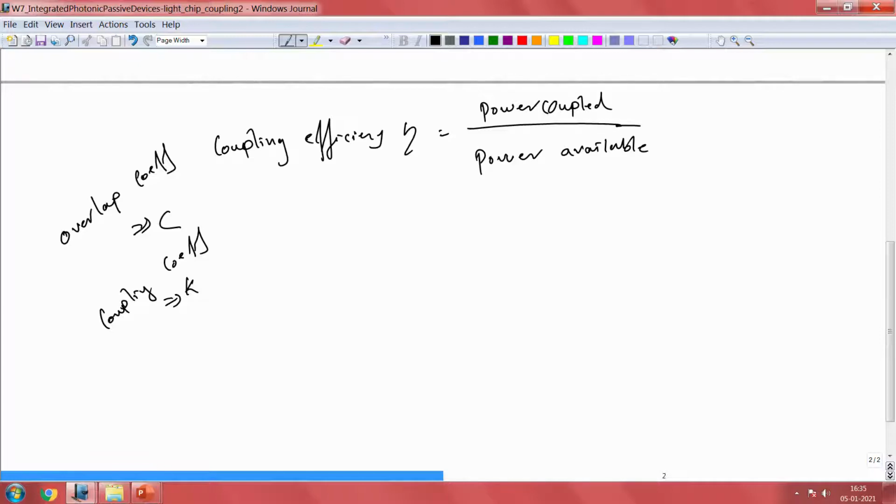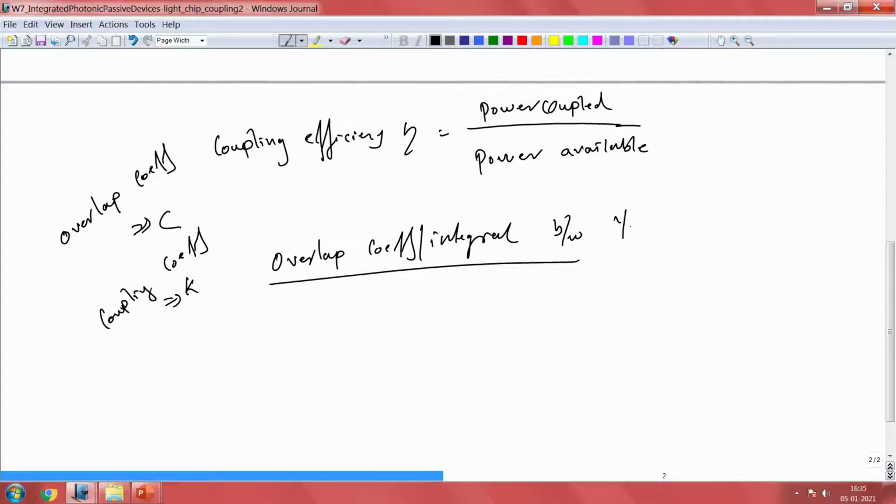So, the overlap coefficient, or in other words overlap integral, is between the input field and the waveguide field, or waveguide mode field.